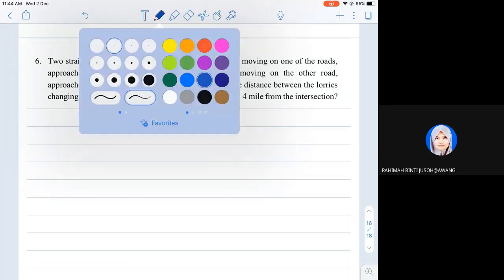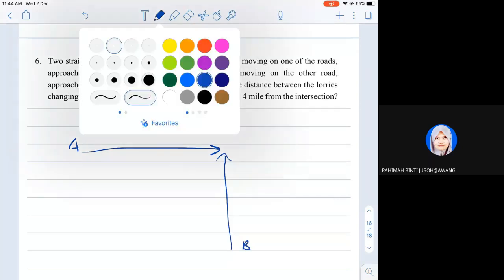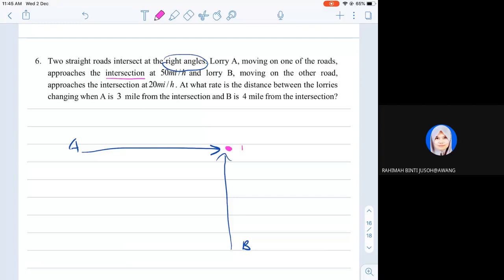Kalau soalan macam ni, okay, let's say kita ada jalan. This is A. Okay, A dia berjalan di right angles kan? Okay, so B move from the other road. So let's say kita ada sudut kan? Right angles. So we have this. This is B. This is the intersection point. Simpang lah, simpang jalan tu.